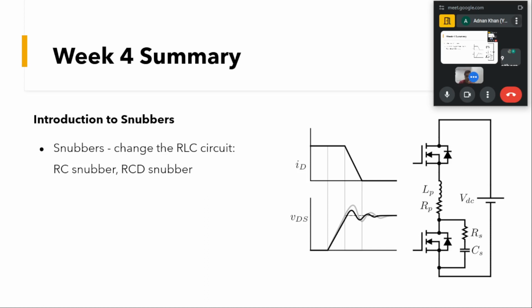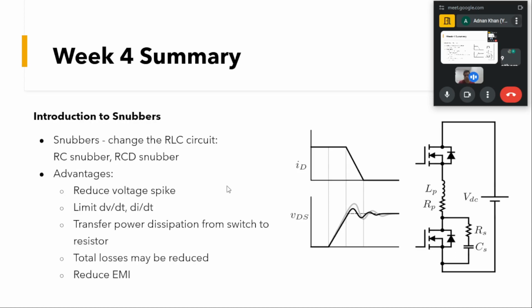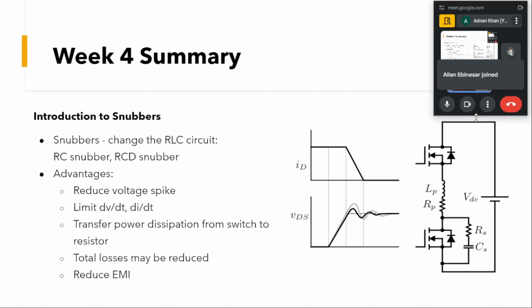You will go through the calculations about how to calculate the values of R and C. That has been discussed in detail during the lectures this week, so I'll give a brief overview. The advantages of these RC snubbers are, as I had discussed, they will reduce the voltage spikes.